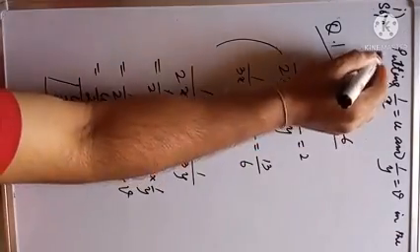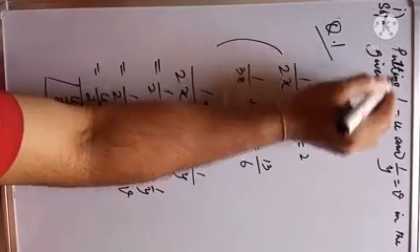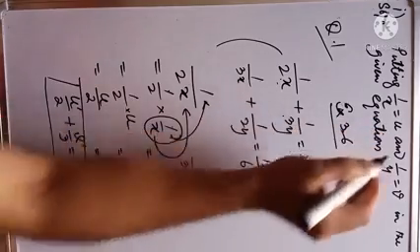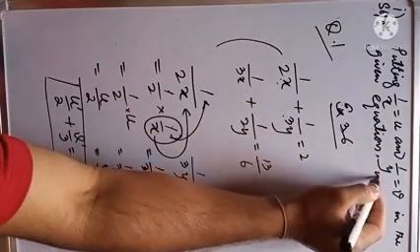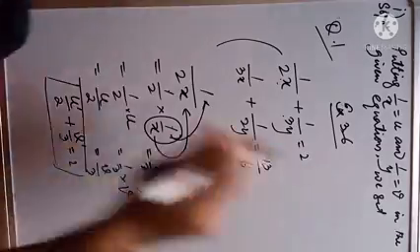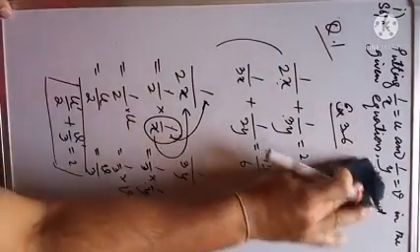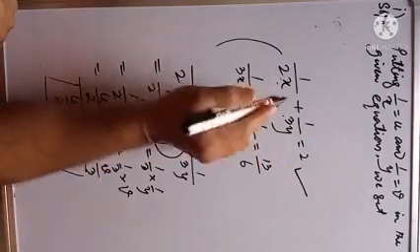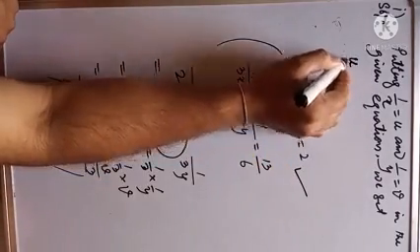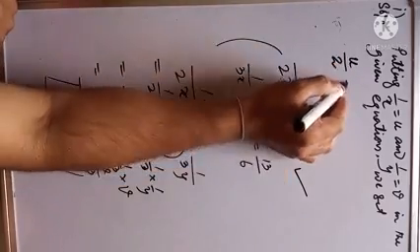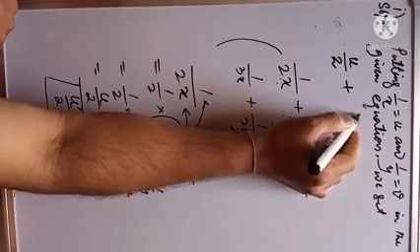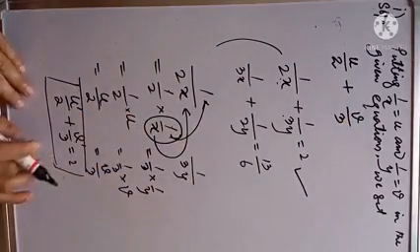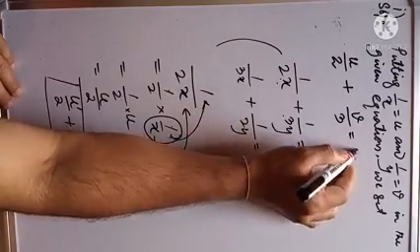In place of the first equation, we write u divided by 2 plus v divided by 3 equals 2.